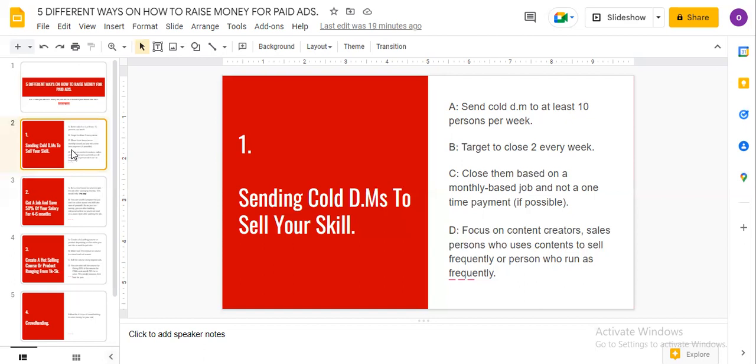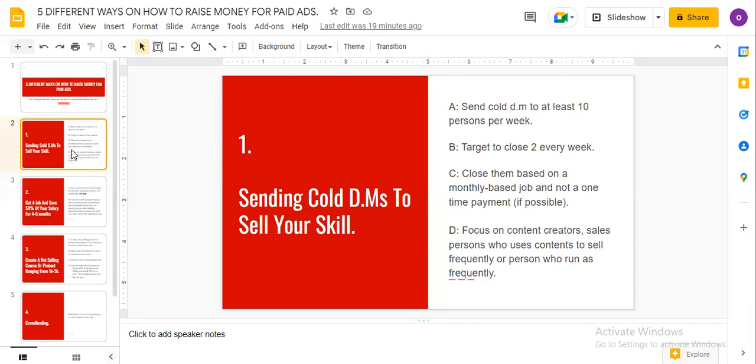If you just make money, your money will finish. That 1 million naira will look big in your eyes until you spend it and you discover that it has finished. So as you're making the money, you think of how to multiply the money, and this is one way to multiply your money. So when you close them on a monthly based job, then you use a particular percentage of this money to run ads every week, every day, every month, dependent on your choice.